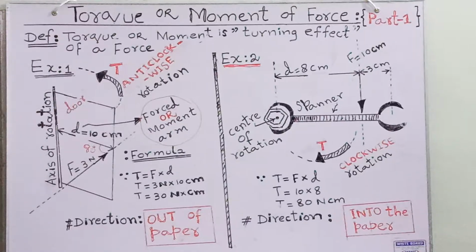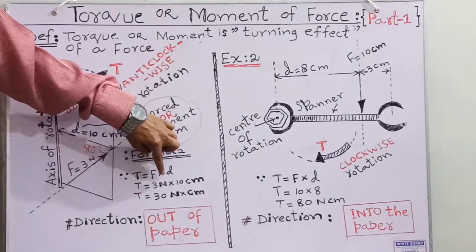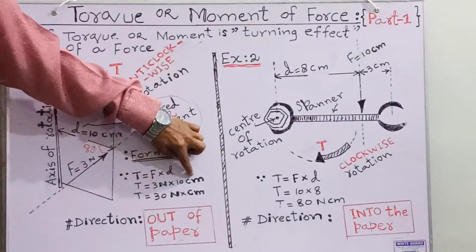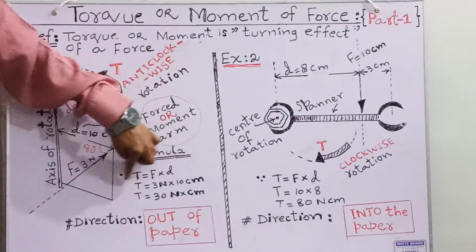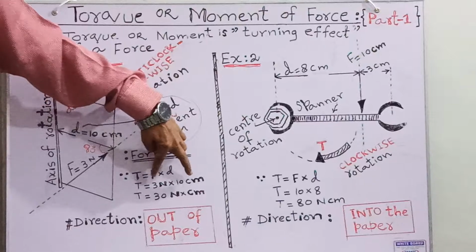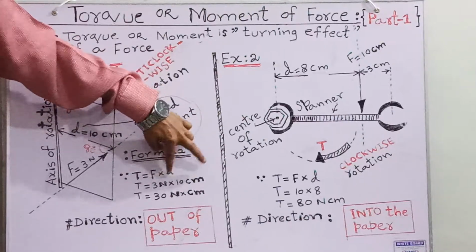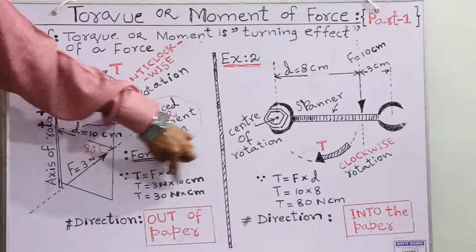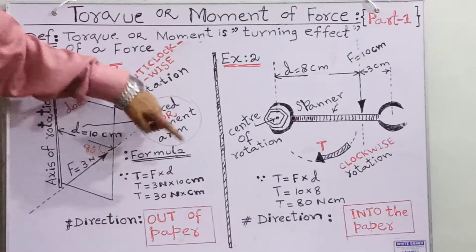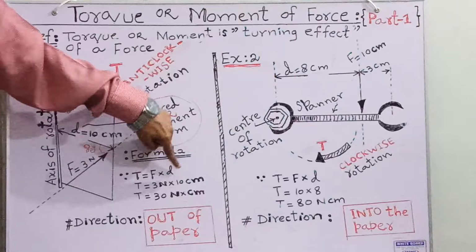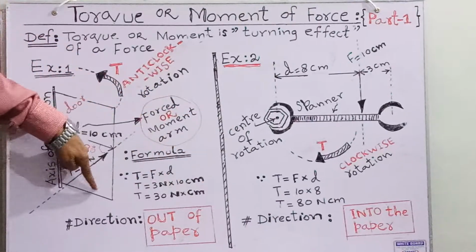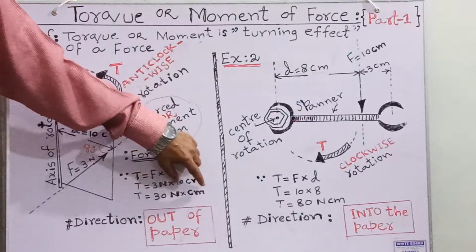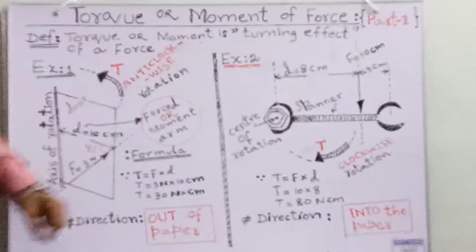It is not necessary to write down Newton and centimeter in this step. We can neglect them and write only 3 and 10. But in the final answer, the unit Newton centimeter must be mentioned.